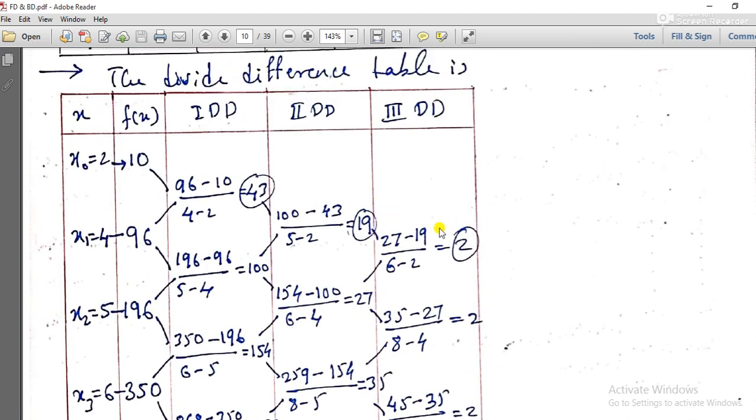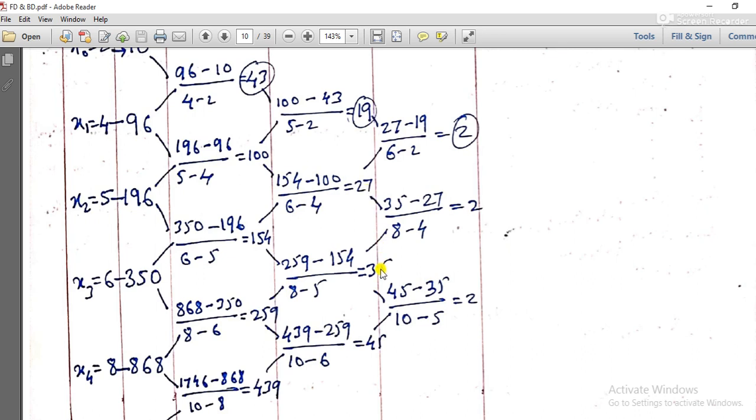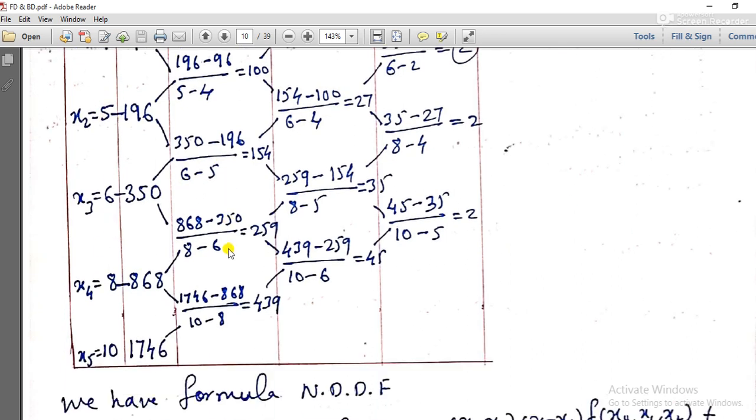The third divided difference is 27 minus 19 divided by 6 minus 2; for the third, you neglect the middle two values 4 and 5. Next is 35 minus 27 divided by 8 minus 4, neglecting the middle two values. Next is 45 minus 35 divided by 10 minus 5.